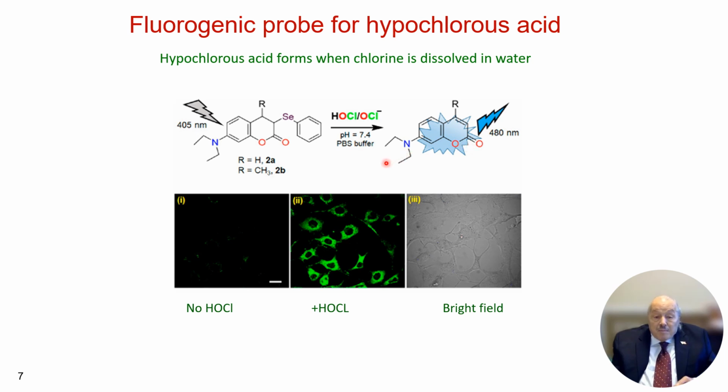On the bottom here, we have this same set of cells that were not exposed to hypochlorous acid. They're non-fluorescent. The bright field image, as usual, doesn't reveal very much specificity about the cells, but the cells that were exposed to the hypochlorous acid are brightly fluorescent, so you can tell whether that exposure has occurred or not.